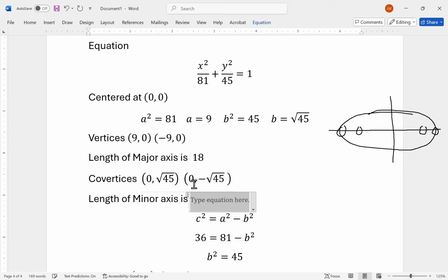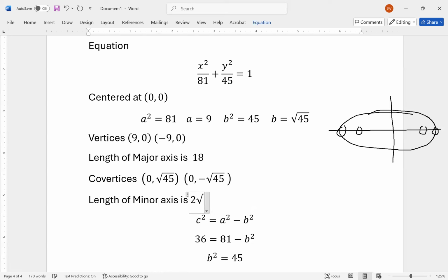Length of the minor axis is 2 times the square root of 45. Again, if you wanted to rewrite that, square root of 45 is 3 root 5. So you could get 6 times the square root of 5 if you wanted to rewrite that. And if you wanted a decimal, you could get an approximate decimal version too.